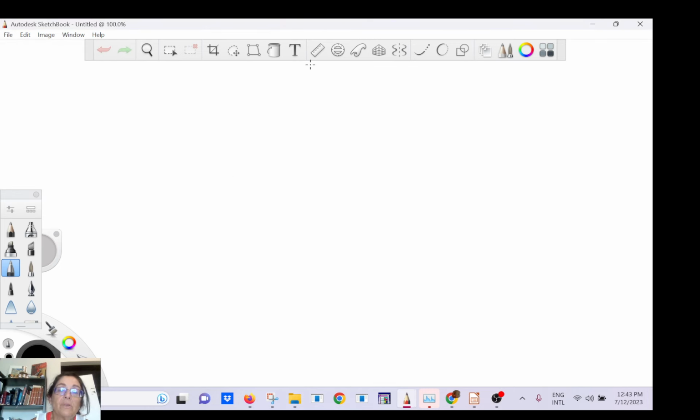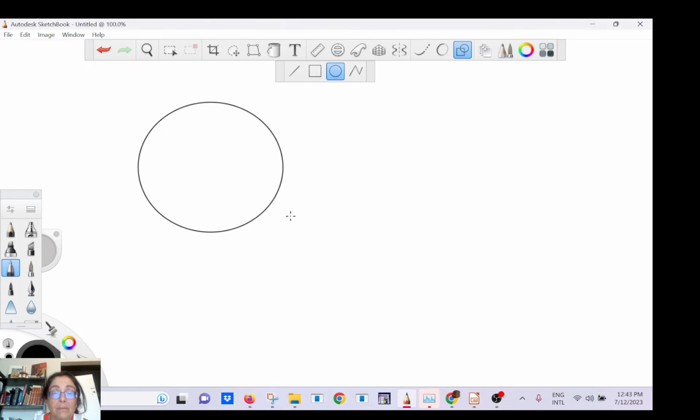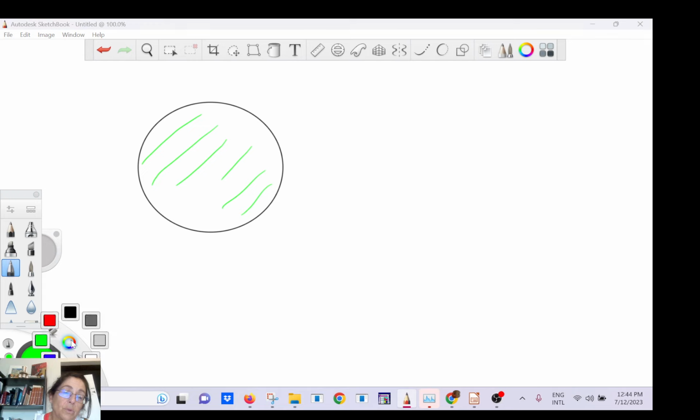So let's take a sphere. So this is a sphere and this is the Earth. And to a first approximation, I'm going to suppose that the density of the Earth is everywhere the same.